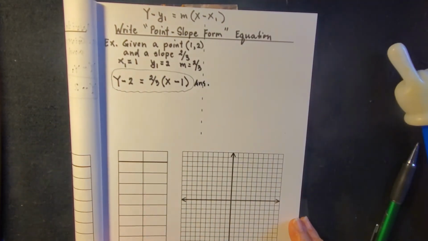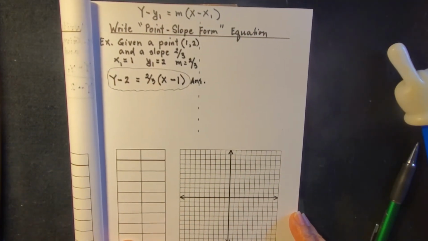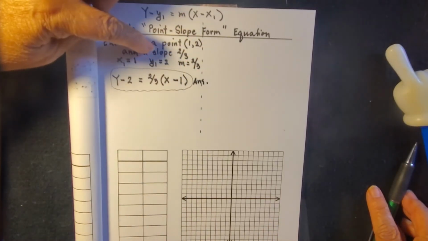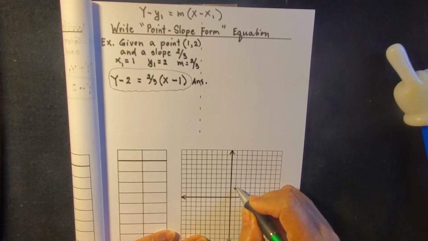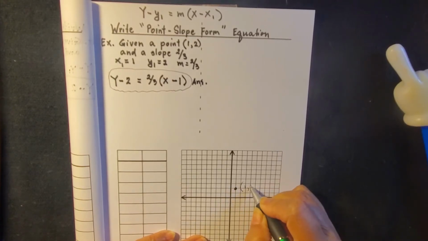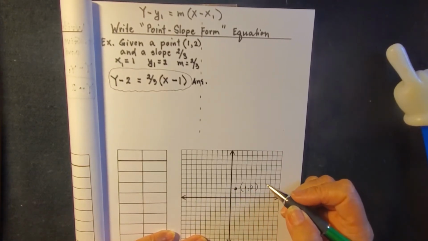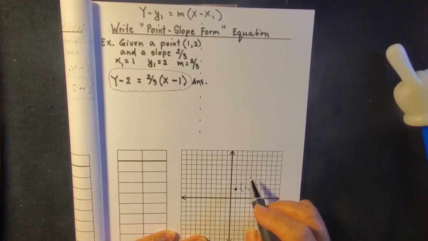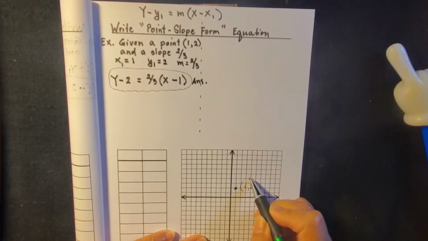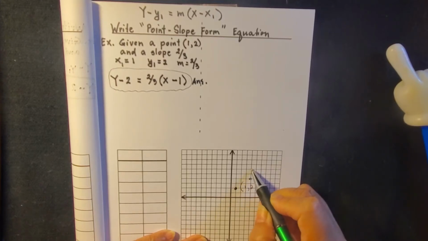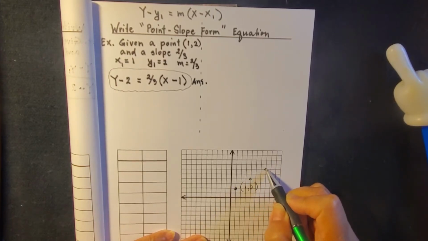Now, if you are curious how the graph will look, I will grab the point, which is (1, 2). And the slope is positive 2/3. So I go up 2, and then to the right 3, point. Go up 2, to the right 3, point.